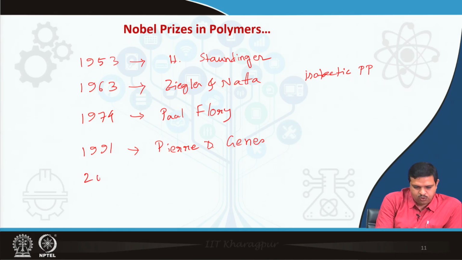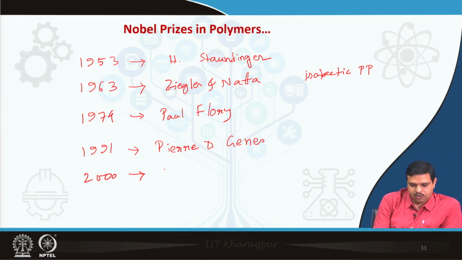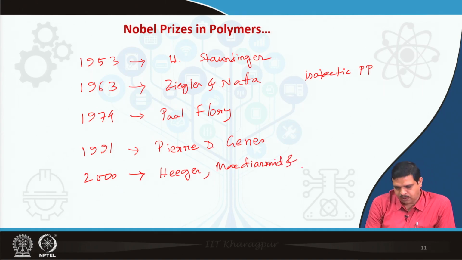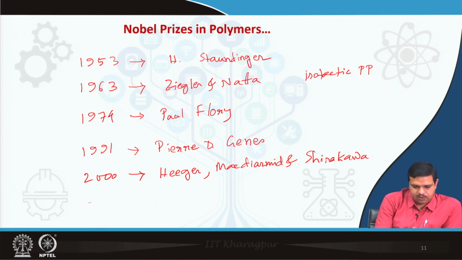Then in 2000, I already told you, the trio Heeger, MacDiarmid and Shirakawa got the Nobel Prize for the discovery of semiconducting organic polymers.